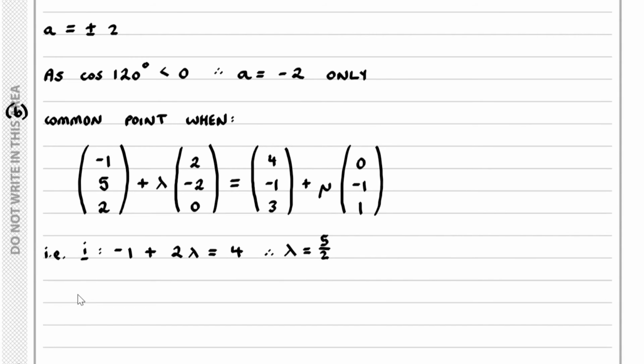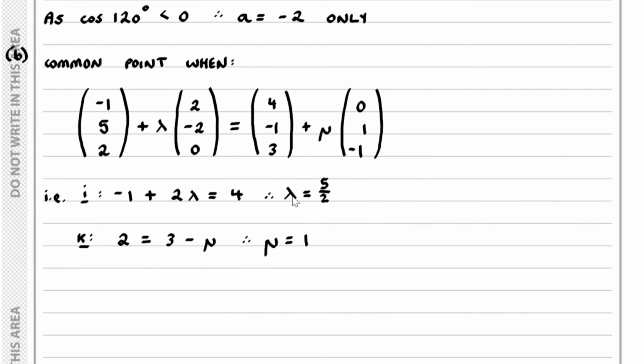And if I take a look at the k component, then I've got 2 equals 3, rather here, I've got 2 minus mu equals 3 minus mu, in which case mu is equal to 1. And now what we can do is check that the values of lambda and mu satisfy the j component.